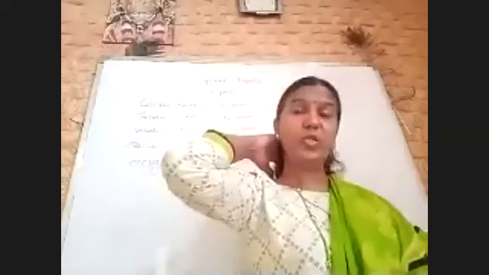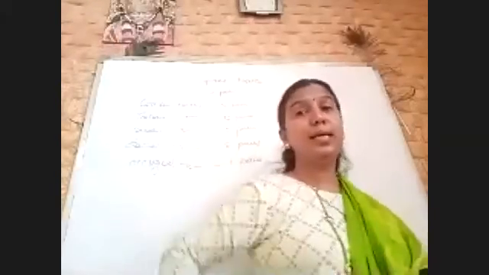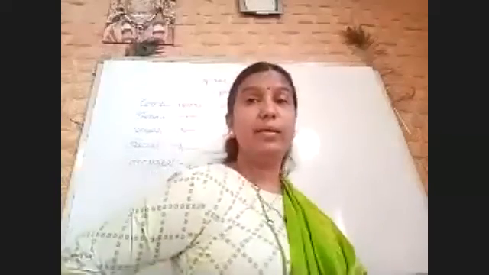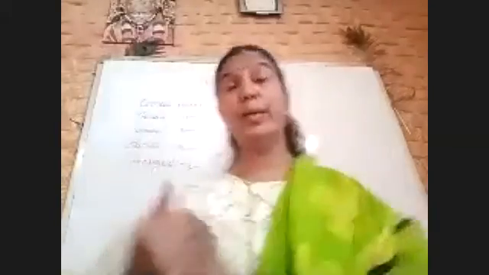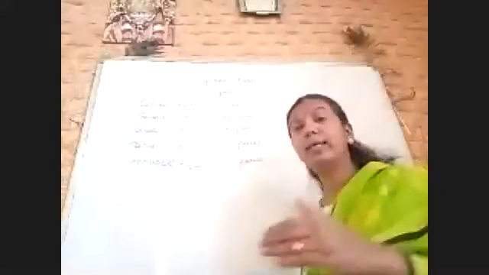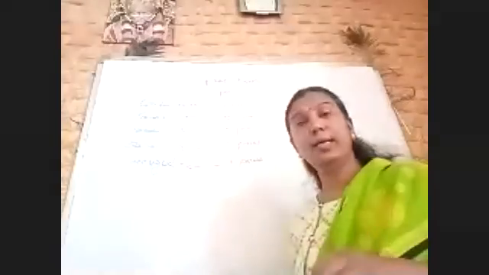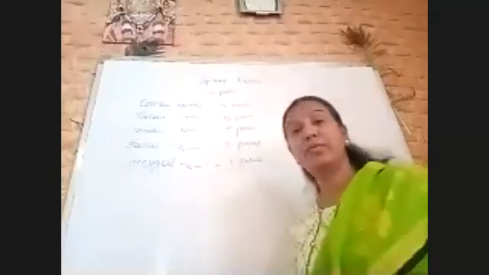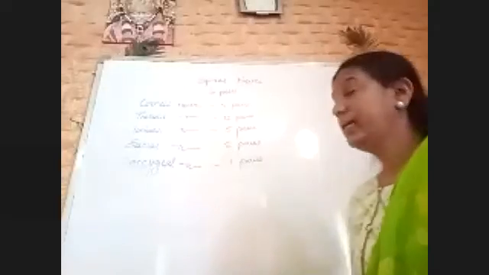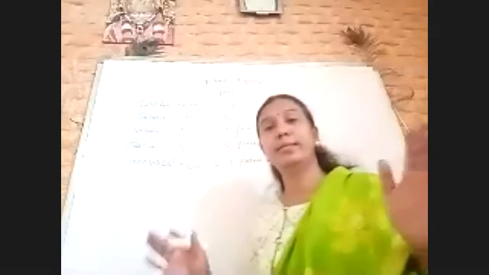Okay. Cervical, they are present here in the cervical region. Thoracic, they are present in the back. Then lumbar, जो कमर का पार्ट होता है वहां पर lumbar. After that, sacral, and lastly, coccygeal nerves. Okay. So this all are spread.